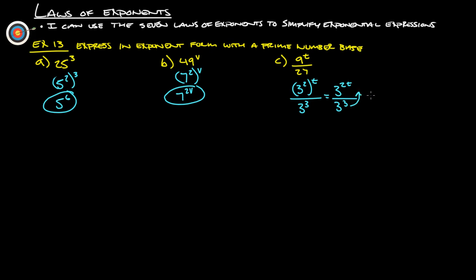We want to bring that up here to simplify it, so that's really going to turn into 3 to the 2t times 3 to the negative third, and then we simply add those exponents together, and that gives us 3 to the 2t minus 3.